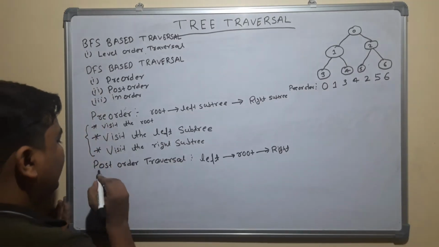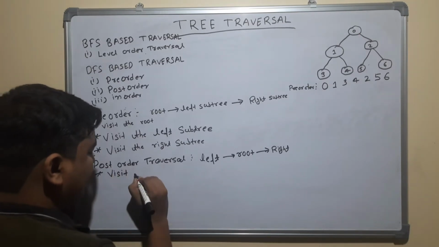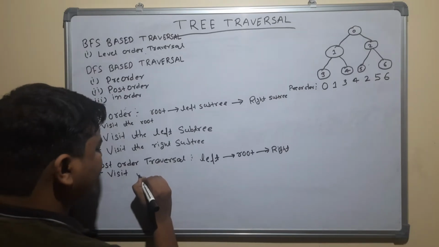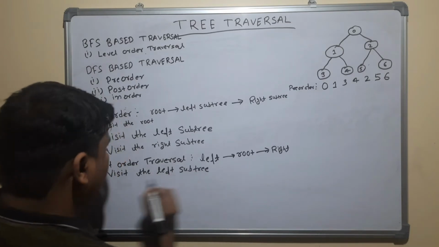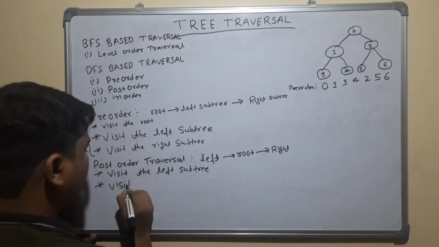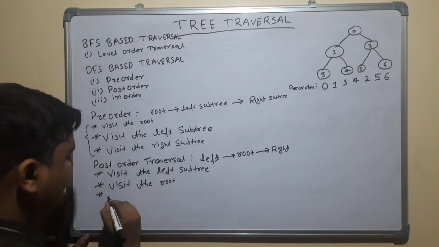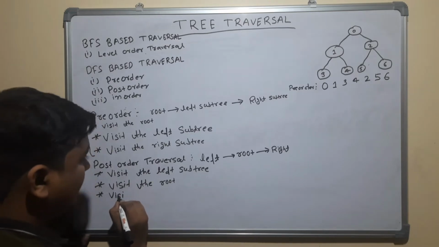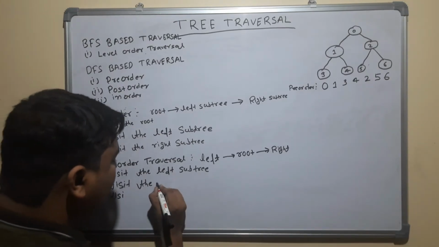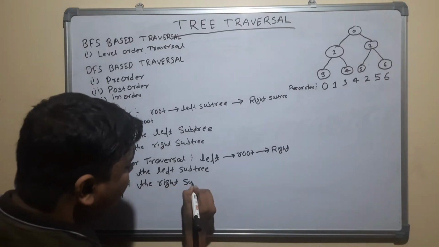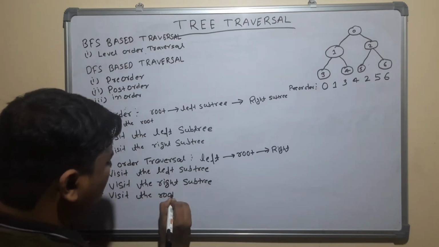So in postorder traversal, we need to follow these three steps: visit the left subtree, visit the right subtree, and third step, visit the root.